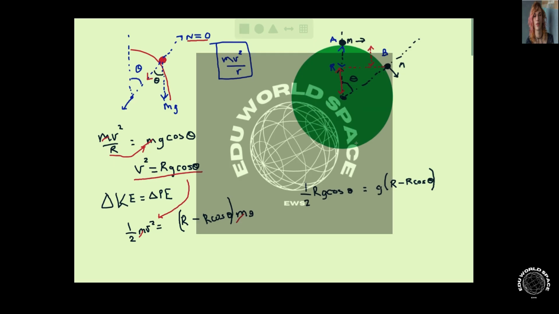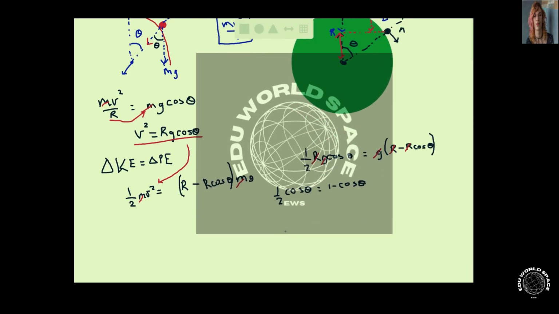So what you can do now, again, is a little bit more cancelling, and we can see that r is common on each side, so we can just take this factor out, and that g is also on each side, so we can take that out. So what we're left with is 1/2 cos theta is equal to 1 minus cos theta, as it's all cancelled out here.